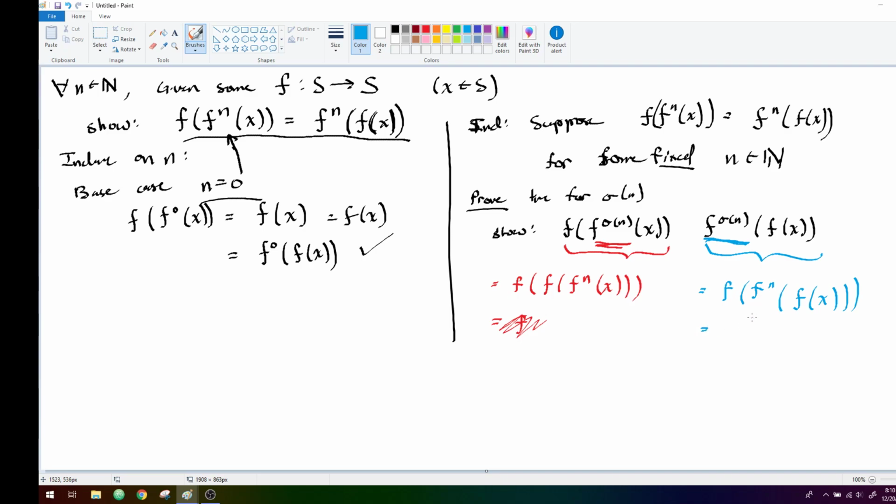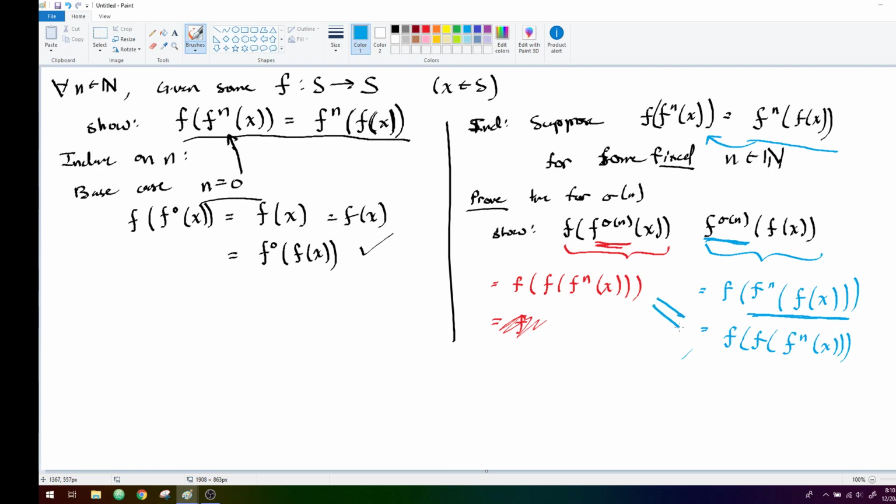Okay, but look at this term here. This, according to our inductive hypothesis, is equal to that. So we're going to swap around the terms, and we see that what we have is the same expression. With nothing but a series of valid transformations, we've transformed both of these different looking statements into the same expression.